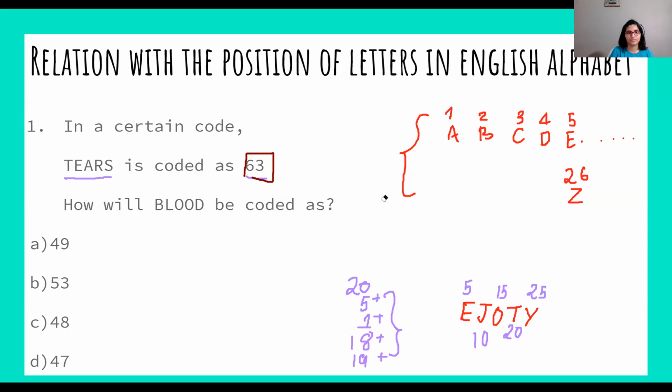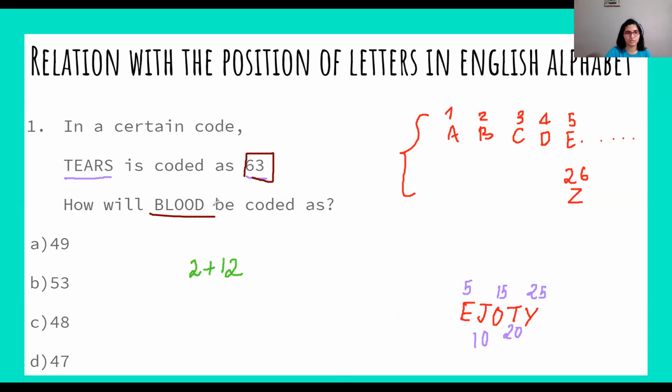Next, they have asked us to do the same for BLOOD. So B is the second letter, so 2, L. Now O is 15, so L will be 12.